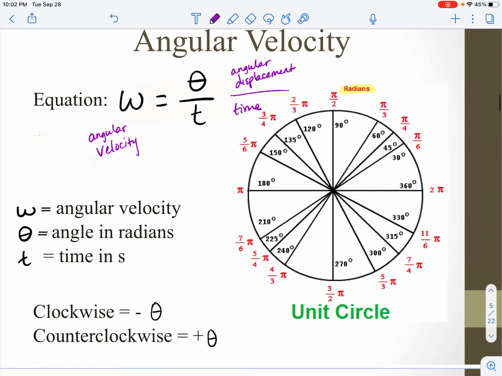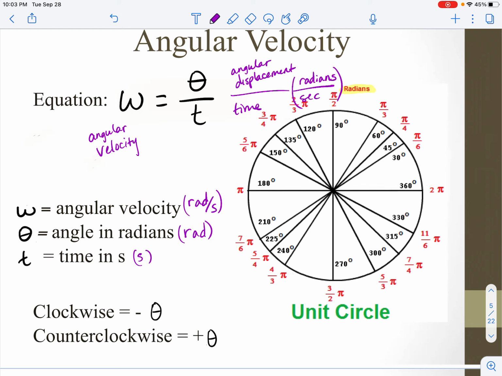Our angular displacement is going to be in radians. Our time is going to be in seconds. So we are now going to end up with the unit of radians per second. This would be in radians, which we often just say rad for short, and time is going to be in seconds. Okay, so these are the new variables.